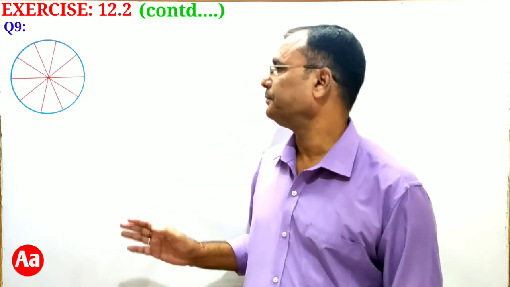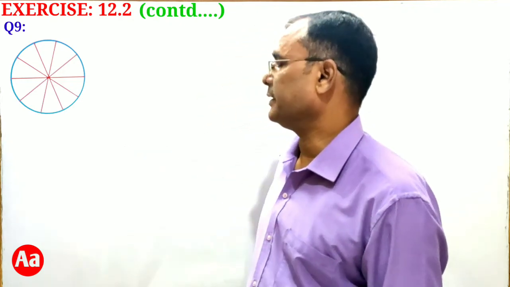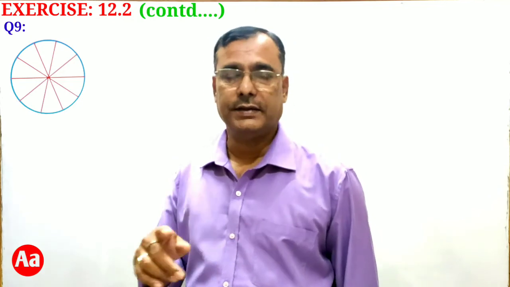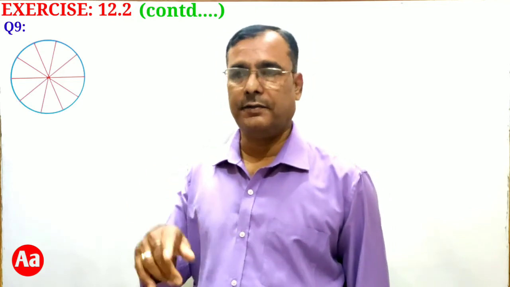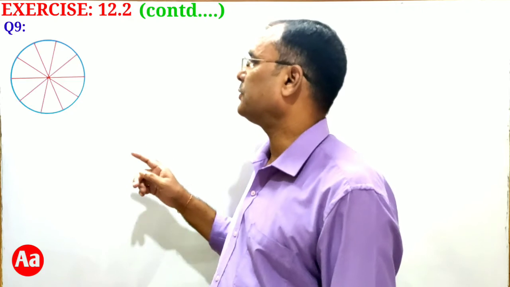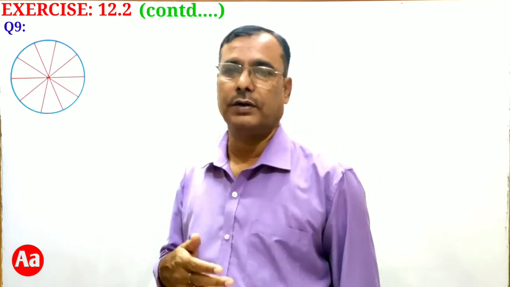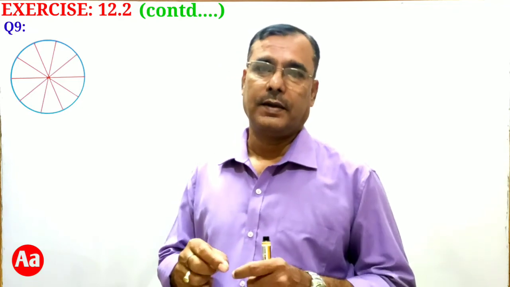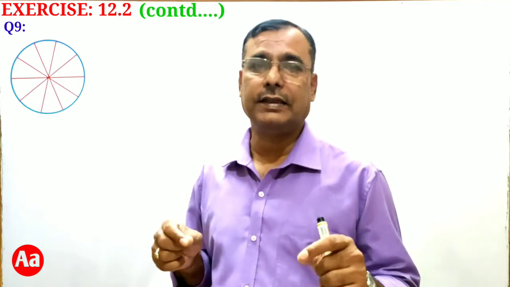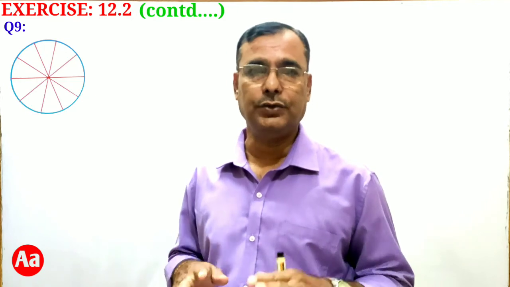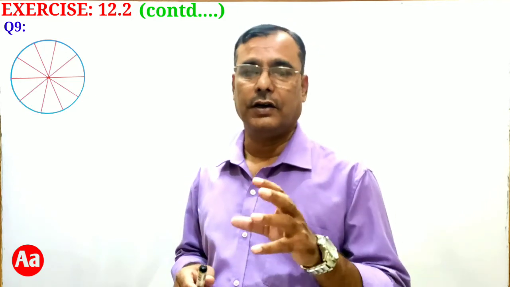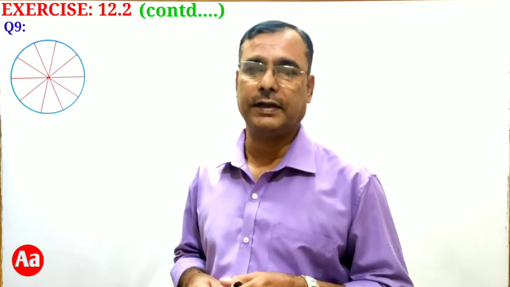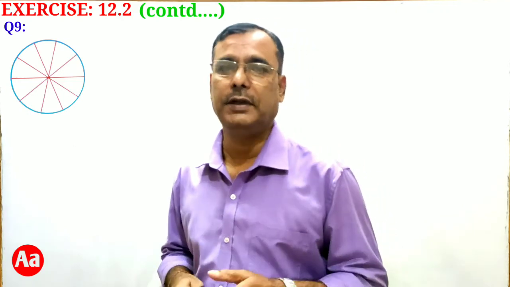In this question, figure is given. This circular brooch is made with silver wire and 5 diameters are also made with the same silver wire. So in first part we have to find how much length of the silver wire is used in making a brooch of the silver wire in the form of a circle of diameter 35 millimeter.